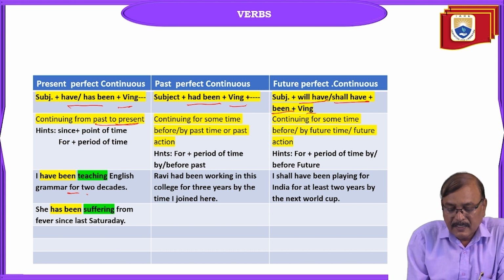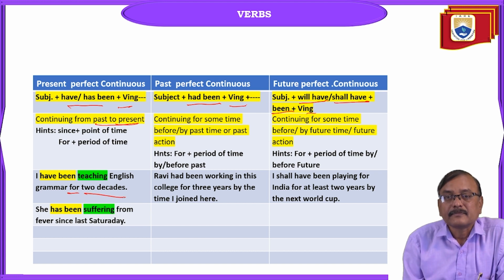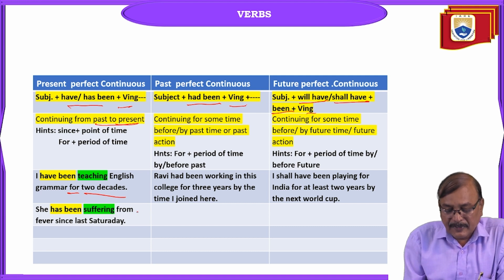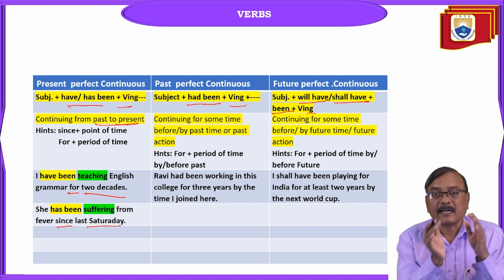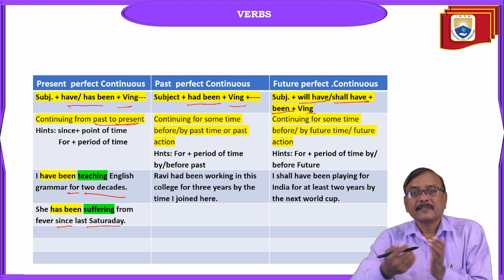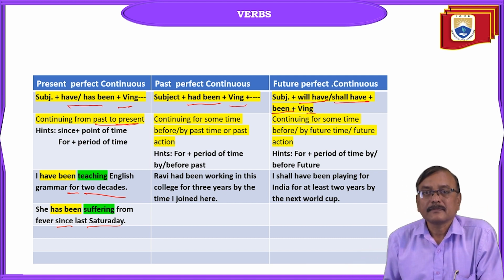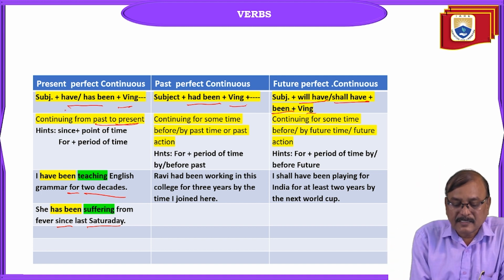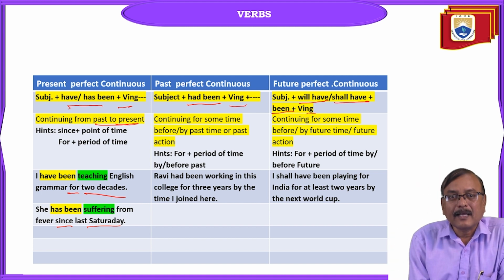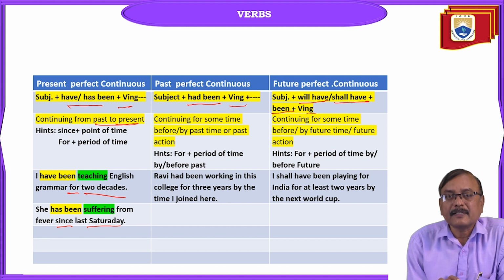Okay, for plus time. She has been suffering from fever since last Saturday. Means the actions started in the past, and now also they are continuing. For such actions, we use present perfect continuous tense.